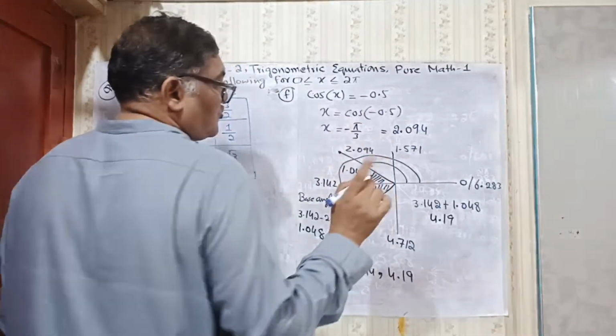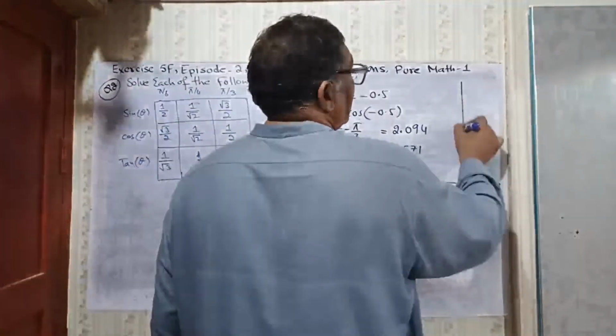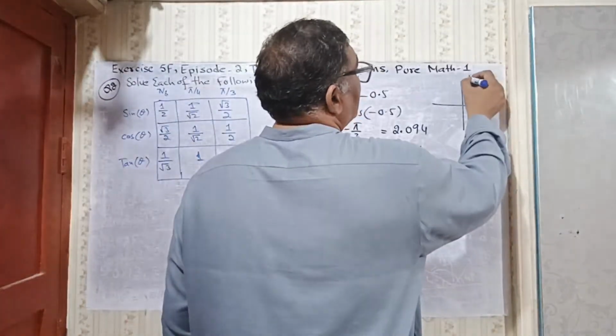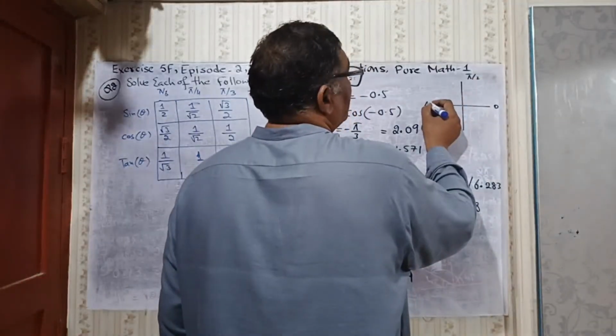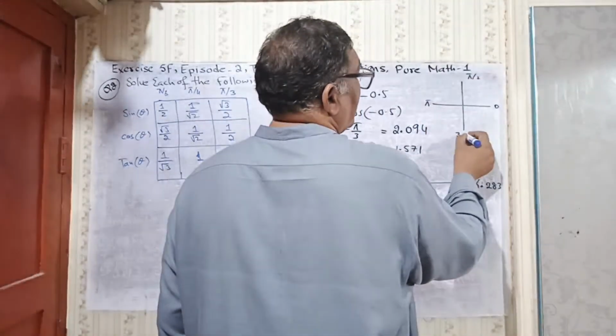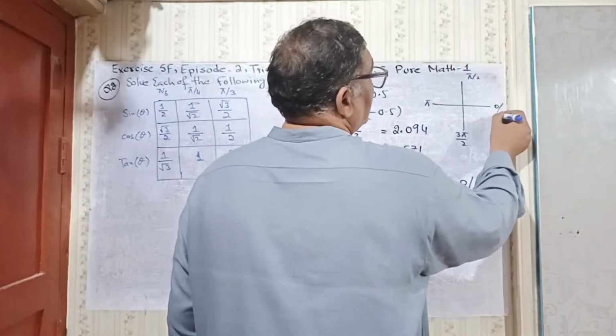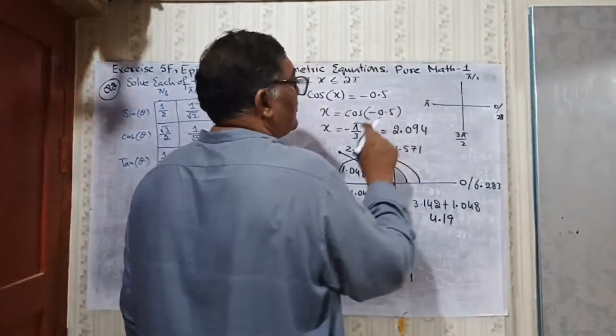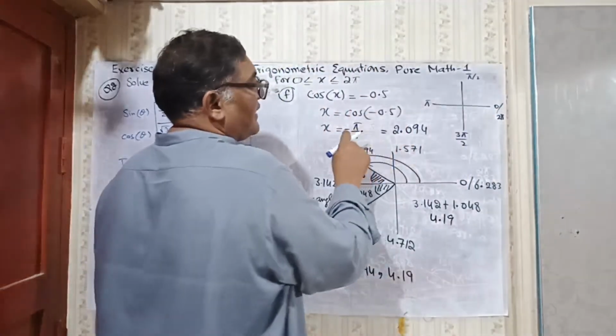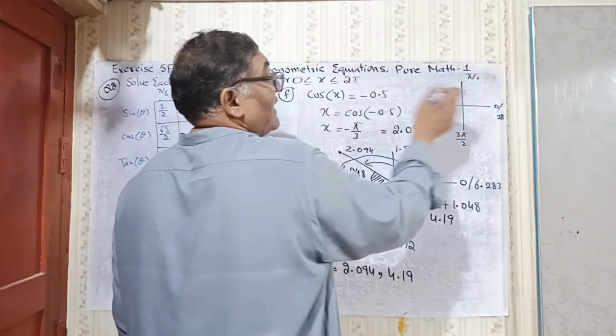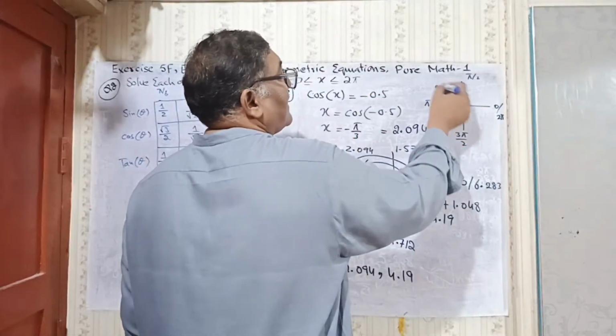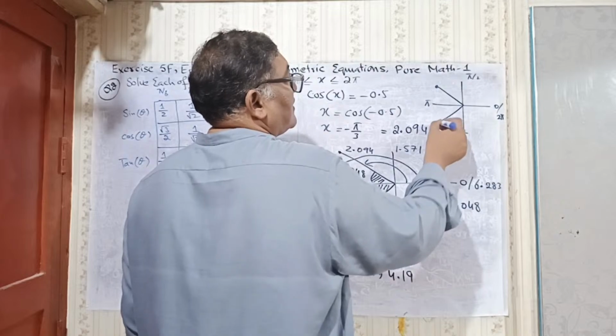Okay, so if this is your base angle, let me show you. This is 0, this is pi by 2, this is pi, this is 3 pi by 2, and this will be your 2 pi. Because cos is negative, just forget the negative. So this is in the second quadrant and in the third quadrant.